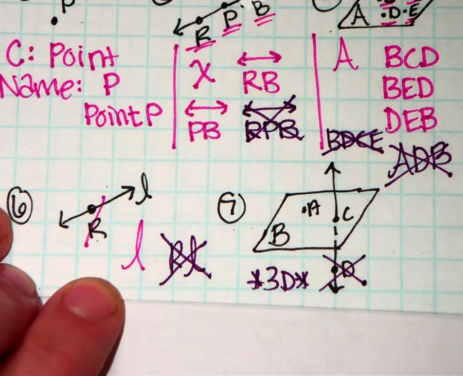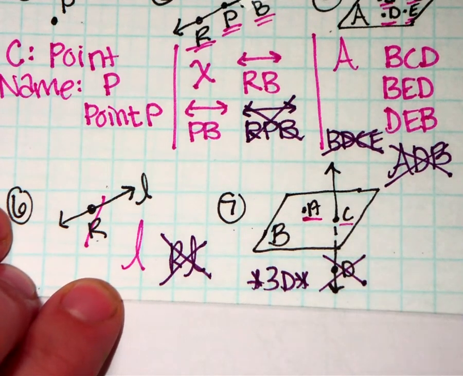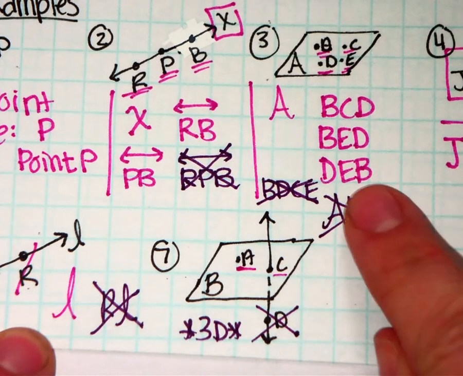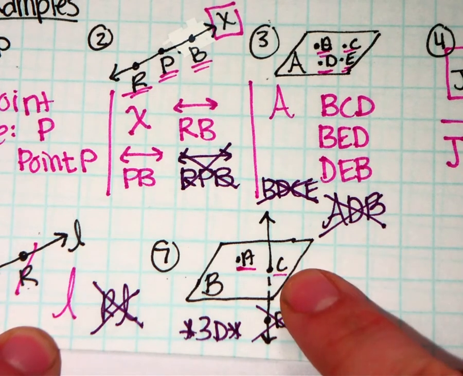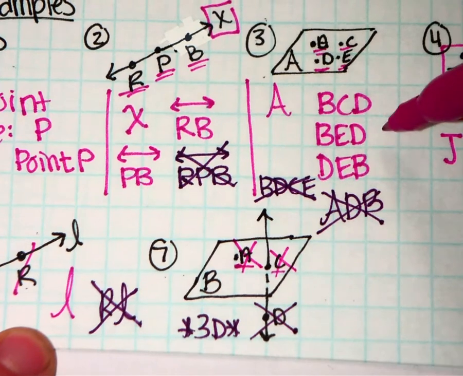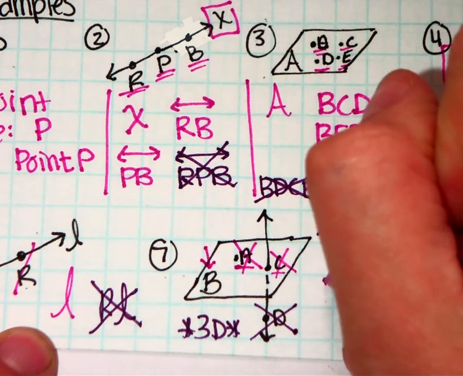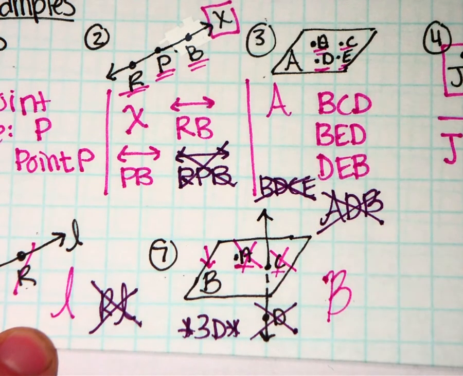When we cross D out, notice how that only gives us 2 capital print letters. We need a minimum of 3. If I only have 2, I can't use those either because I don't have the minimum number. That means I can only name this with a capital cursive B.